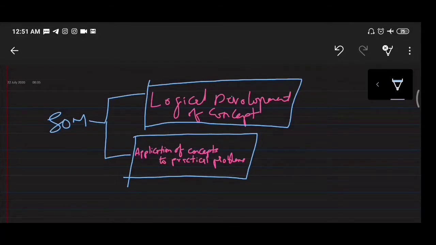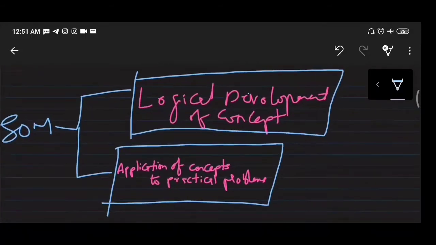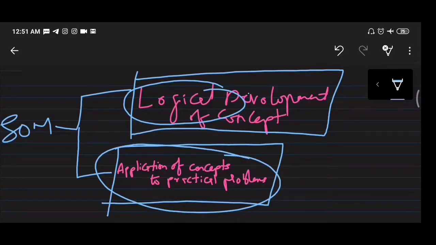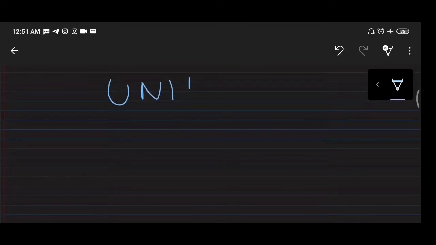Let's say concrete, steel, wood, etc. So these all materials, how they will behave under external loading. So we are trying to understand the logical part and we are going to apply it to practical problems. So now let's try to understand the units used in strength of materials.